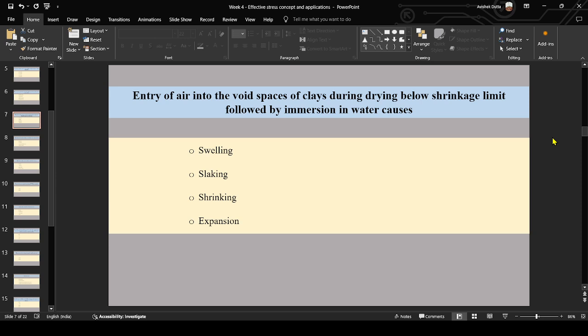It means that the clay sample has been dried below the shrinkage limit and then, immediately after that, it has been immersed in water. Now what will happen and what is it called? Your options are swelling, slaking, shrinking, and expansion.